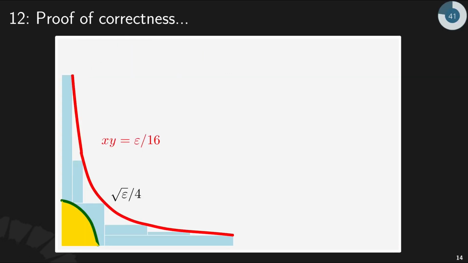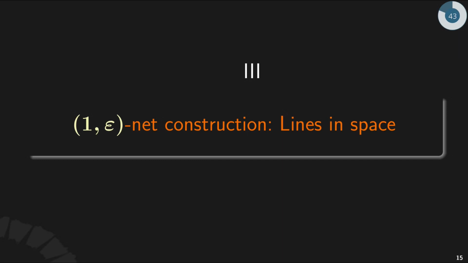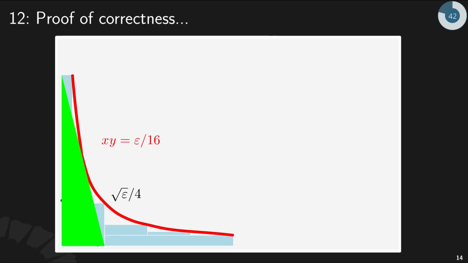So it must be that the hill function avoids those vertices. Effectively, it's avoiding the hyperbola defined by those vertices. And for this hyperbola, it's easy now to argue that every convex function can have area at most, let's say, epsilon over 8 under the hyperbola, because every triangle that is tangent to this hyperbola has area at most epsilon over 8. So that's intuitively the proof. And that shows the correctness.